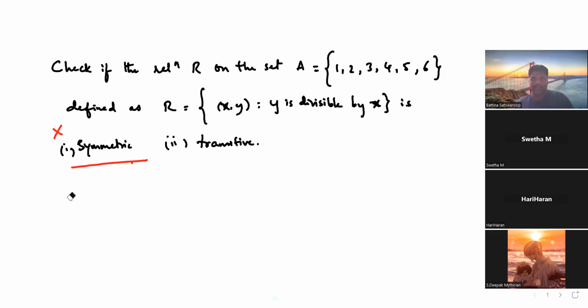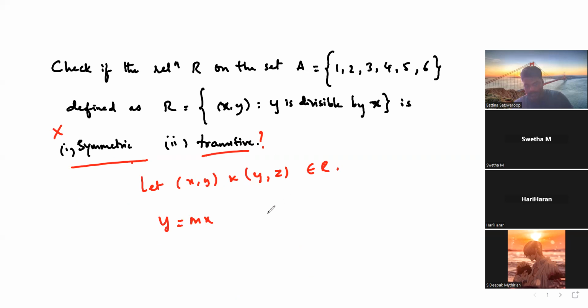How will you check for transitive? Let (X, Y) and (Y, Z) belong to R. Let us take Y equal to mX and Z equal to nY.